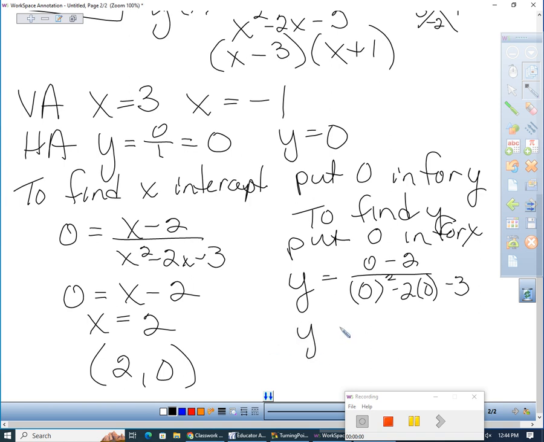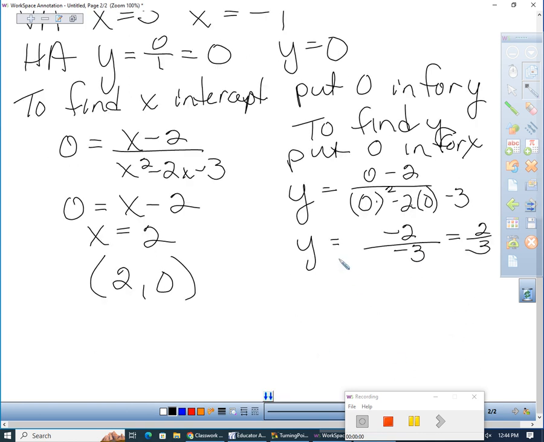So I have on top a negative 2. On the bottom, this is 0 minus 0, right? 2 times 0 is 0, minus 3. So really we get 2/3. So we have a y-intercept at 0, positive 2/3. Are we still all doing good? That's stuff we've done before?